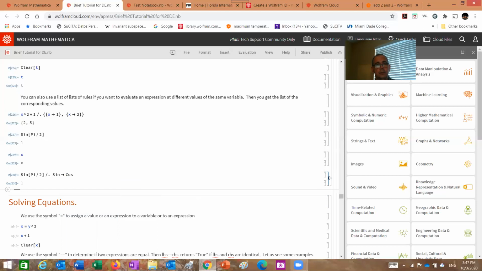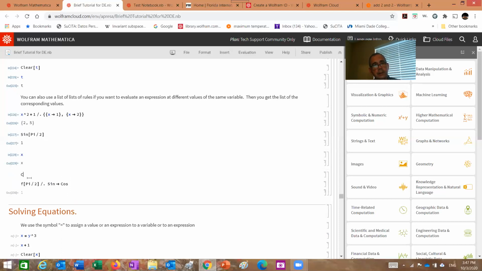Of course, the problem is that it calculates first the sine of pi over 2, and then you have already found that value. And then when you replace sine by cosine, you already have a value here. So let me put it in this way. Let's say, let me call this f. Let me clear the f before that.